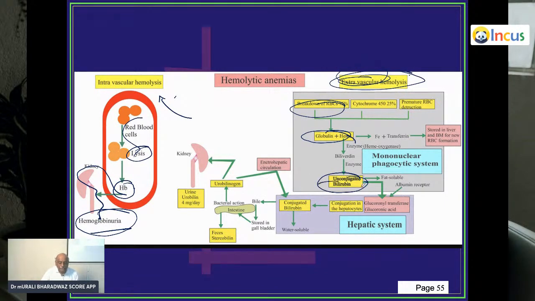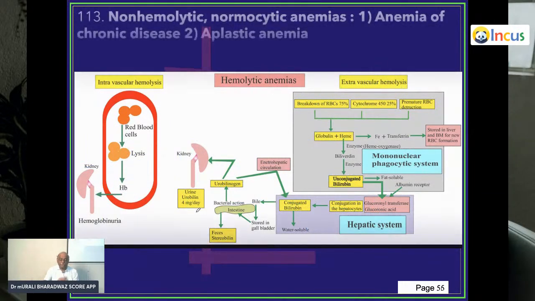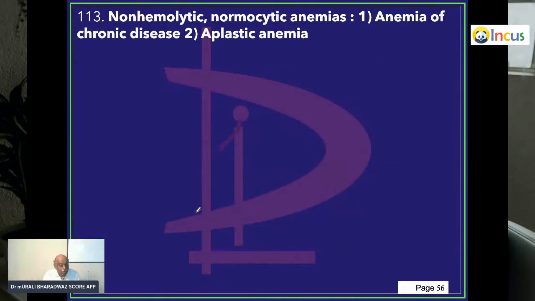Unconjugated bilirubin is created that goes to the liver, and from the liver it goes into the bile and is excreted as fecal stercobilinogen, and some is absorbed into the blood, goes to the kidney and comes out as urobilinogen in urine. Urobilinogen in the urine is a feature of both intravascular and extravascular hemolysis.